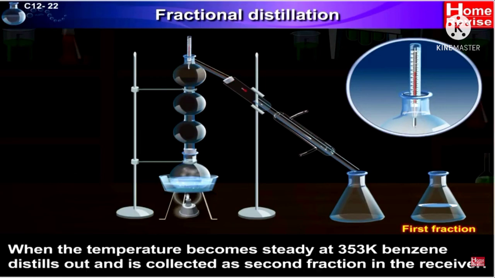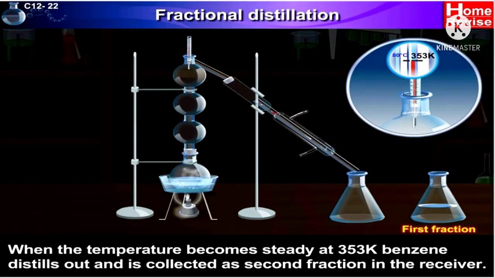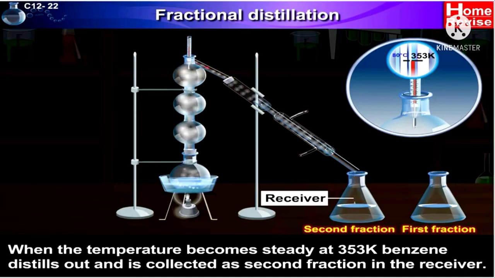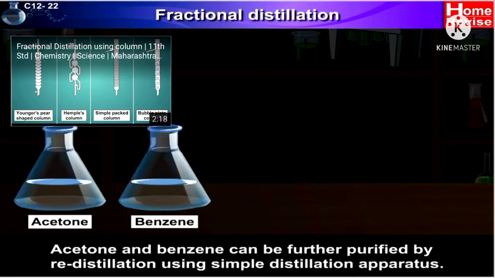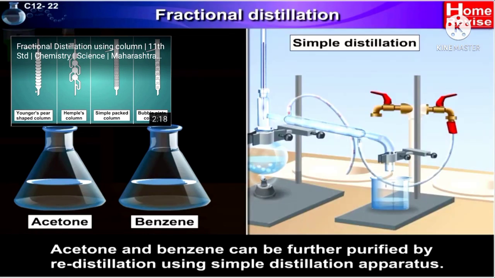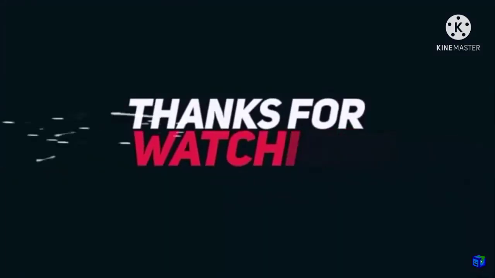When the temperature becomes steady at 353 Kelvin, benzene distills out and is collected as the second fraction in the receiver. Acetone and benzene can be further purified by redistillation using simple distillation apparatus. That's all for today's video. Thank you for watching.